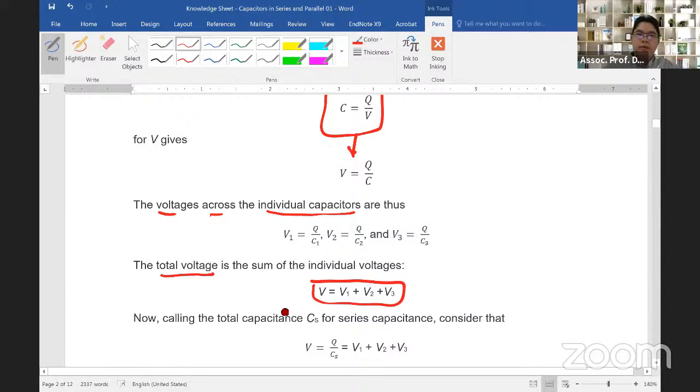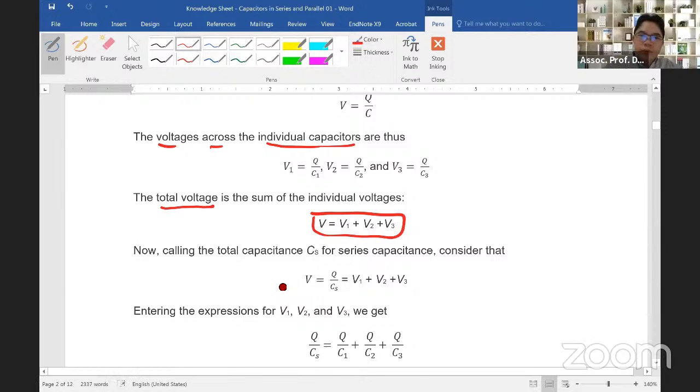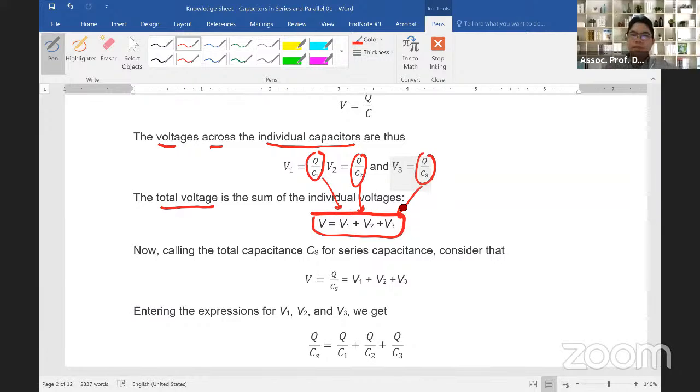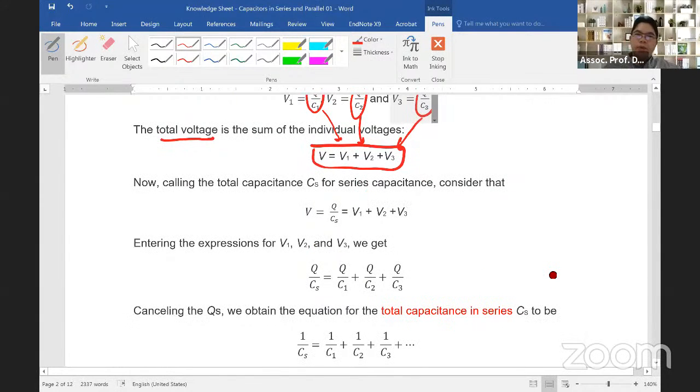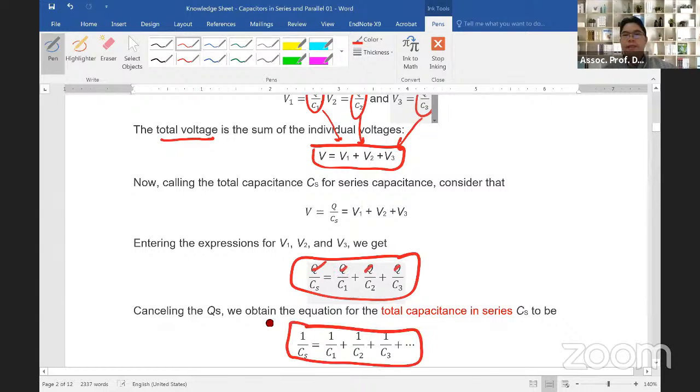So now you just move Q V1 to here. That's the way we see the relationship between the total capacitance and each capacitance for each capacitor. So you come up with this, and if you cancel the Q here, you get this formula for total capacitance in series.